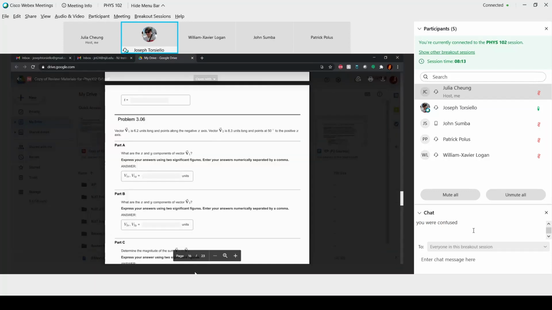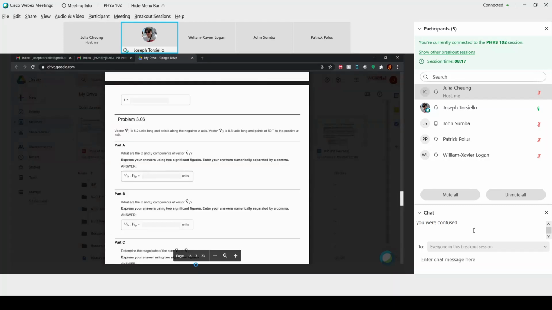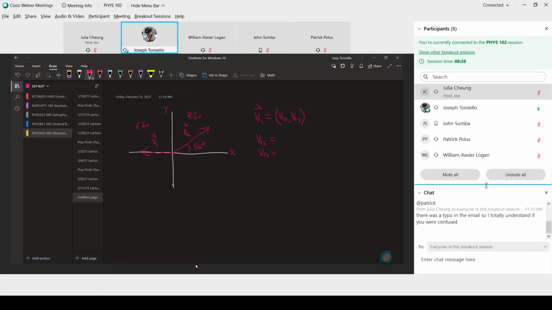It says that v1 is 6.2 units long and v2 is 8.3 units long. So if anybody wants to unmute, what do you think v1x would be? Or maybe I'm starting off with too simple of a problem. What do you guys think right now?